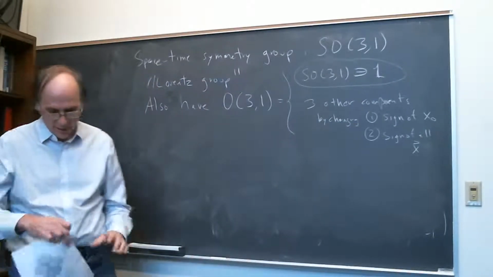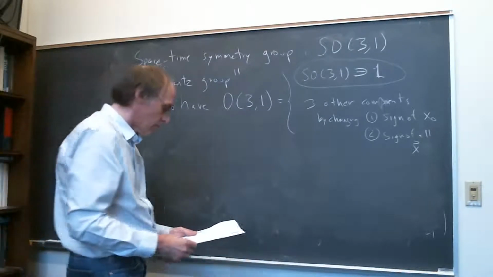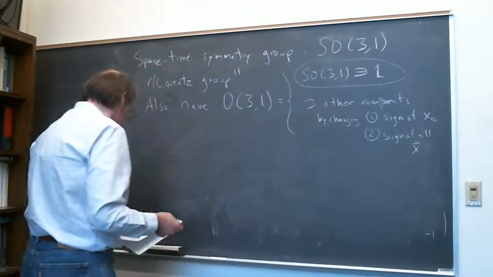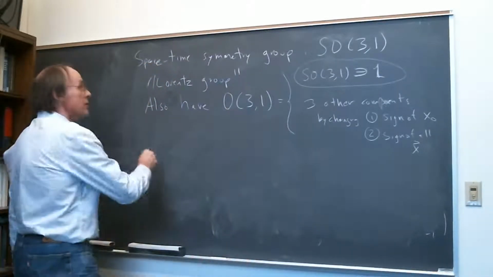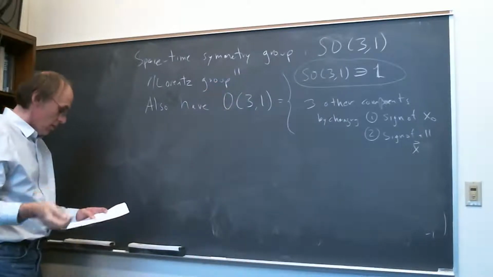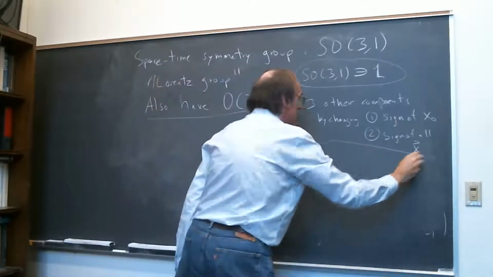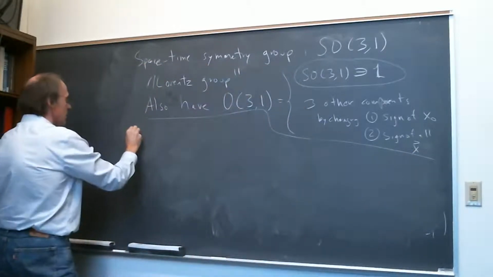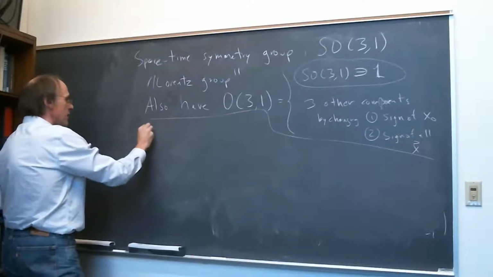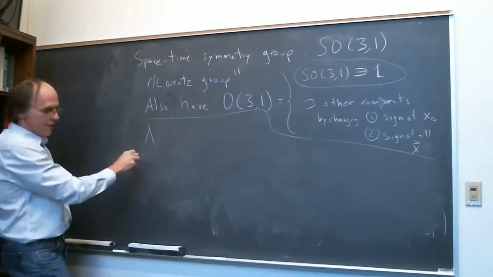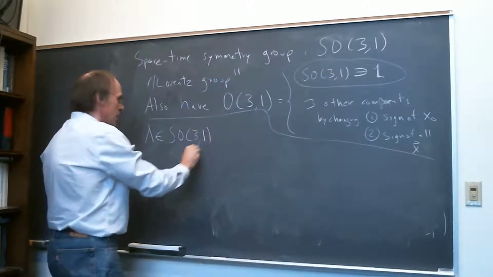Okay, so now what does this group look like? Let me just say, we're going to look at these. I'm calling these for now lambdas, as group elements of SO(3,1).